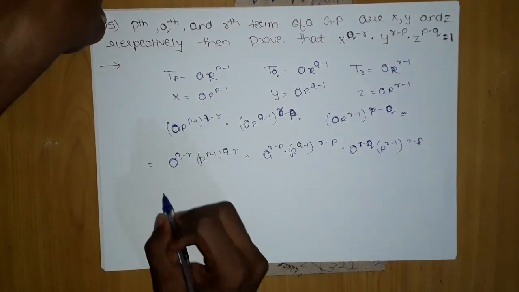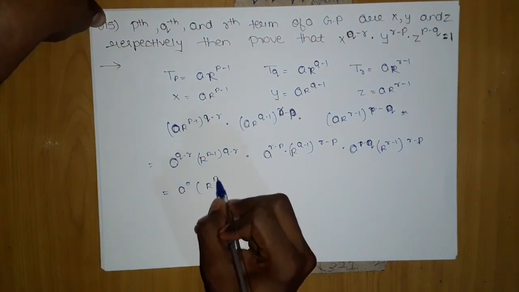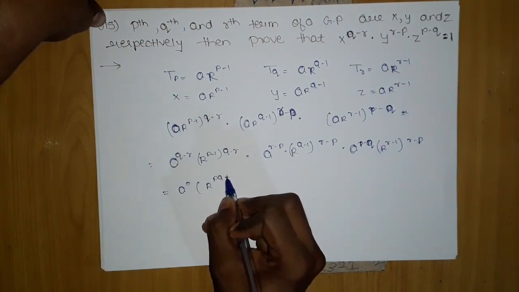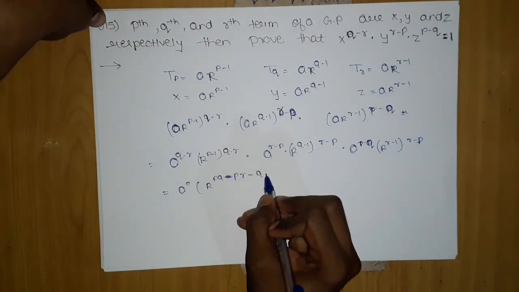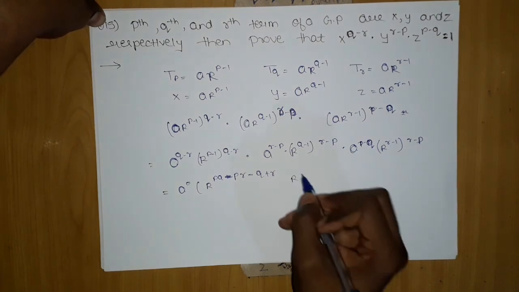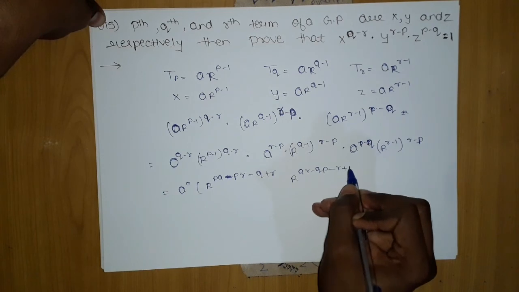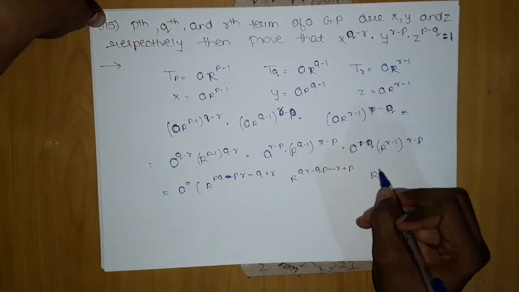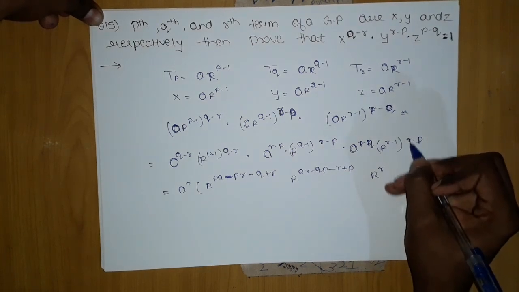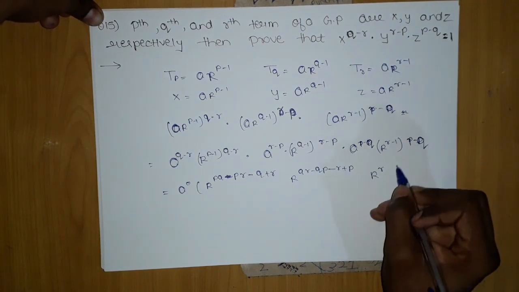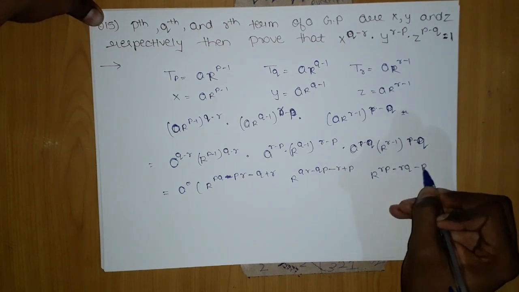So the a value will become a to the power 0. Now dealing with R, the first term is pq minus pr minus q plus r. The second is qr minus qp minus r plus p. The third is rp minus rq minus p plus q.